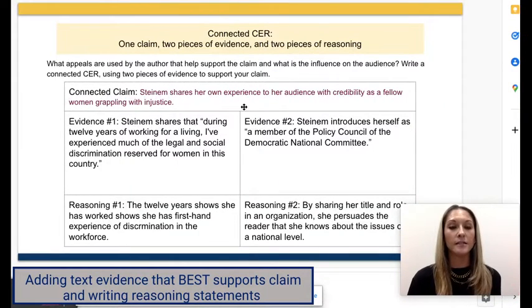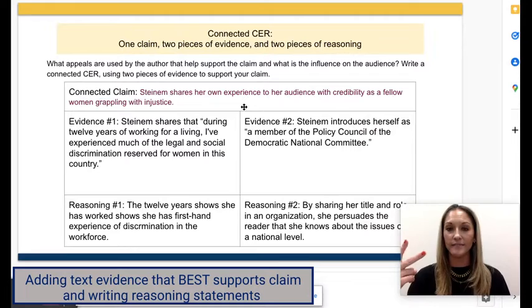My first evidence is Steinem shares that during 12 years of working for a living, I've experienced much of the legal and social discrimination reserved for women in this country. And then the reasoning that I'm connecting to that evidence is the 12 years shows she has worked, that she has firsthand experience of discrimination in the workforce.